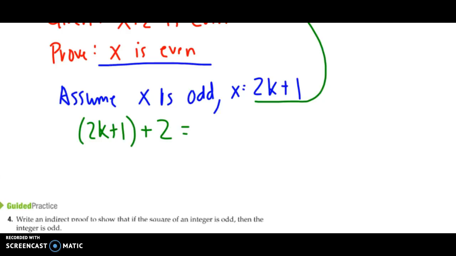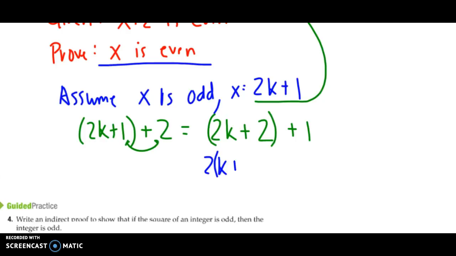Okay? So what I'm going to do then is say, well, 2k plus 1 plus 2 would be 2k plus 2 plus 1. Right? The commutative property says that those two could switch around. Well, if you look at this, I can take a 2 out of that, giving 2 times k plus 1, plus 1.